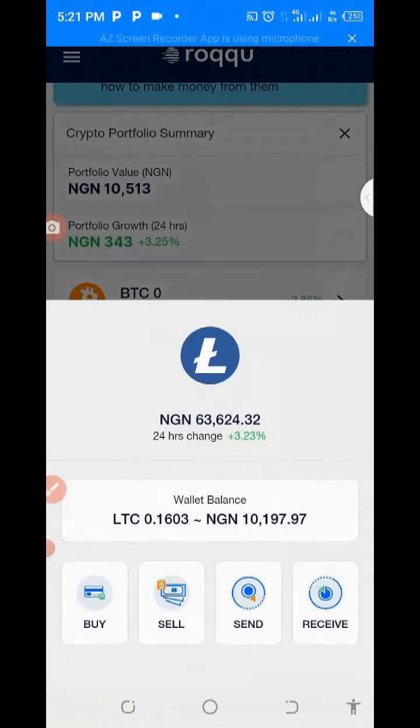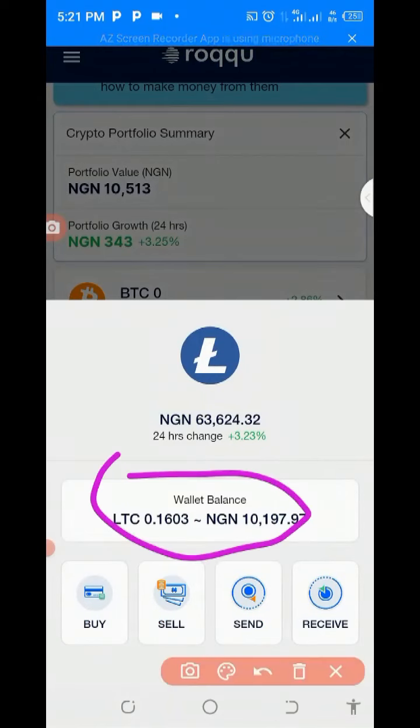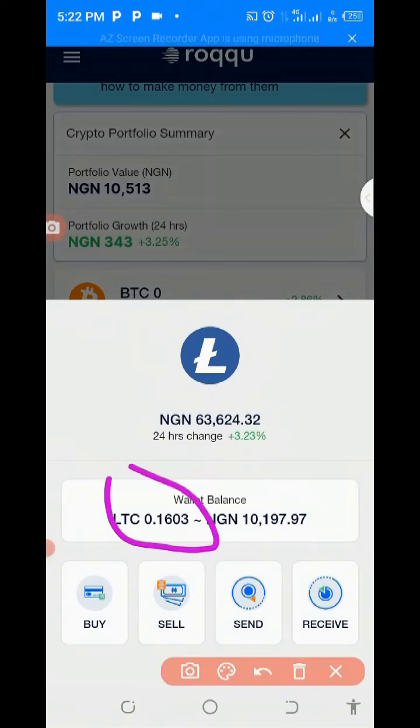Let me show you very well so that you can see what I mean. I still have 0.1603, which is equivalent to 10,197 naira.